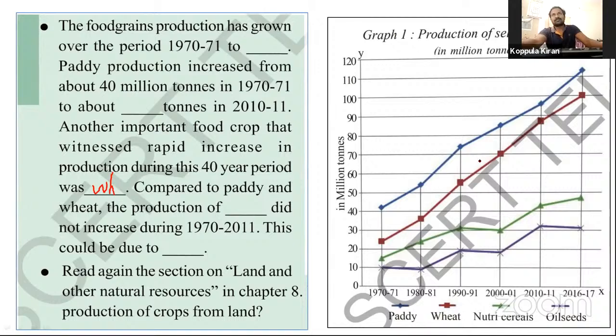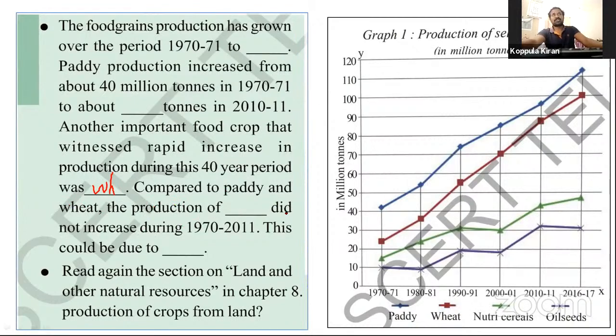Next, compare paddy and wheat. These two lines we can compare with another two. Compare the production of dash, which did not increase during the 1970 to 2011. Paddy and wheat.